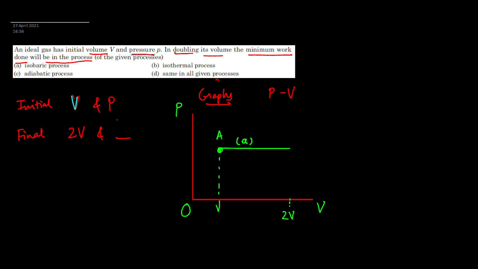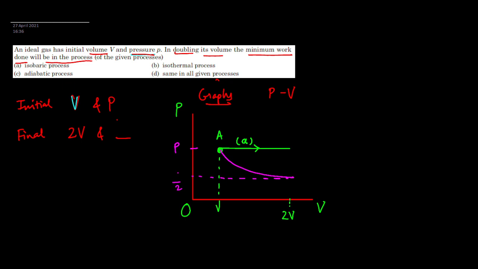Now B, isothermal process. What is the PV graph like? Yes, hyperbola. So here in isothermal, volume double means pressure half, like this. Is this clear?